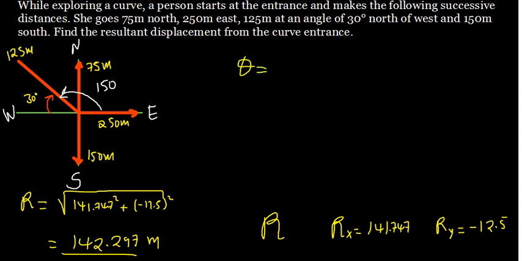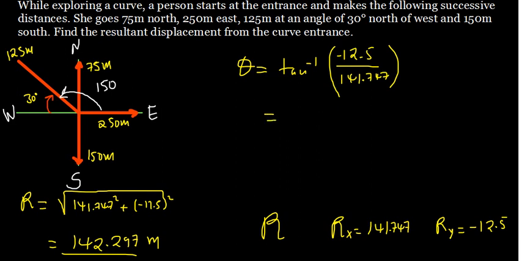So theta is given by tan inverse of the y component, that's negative 12.5, divided by the x component, that is 141.747. Please, you always need to remember that. Right, so let's do that.